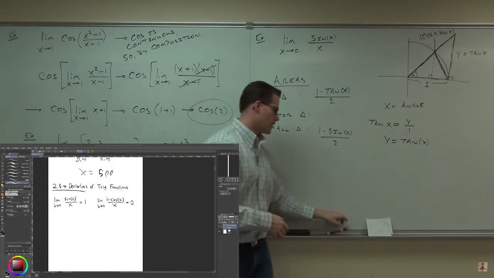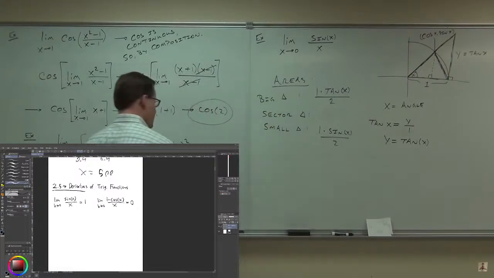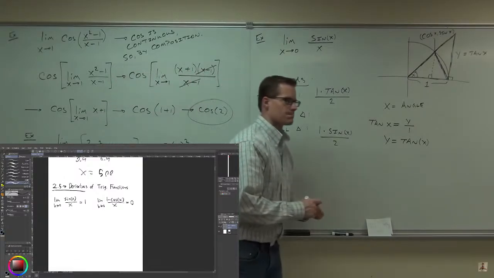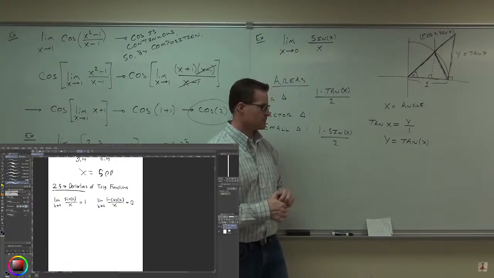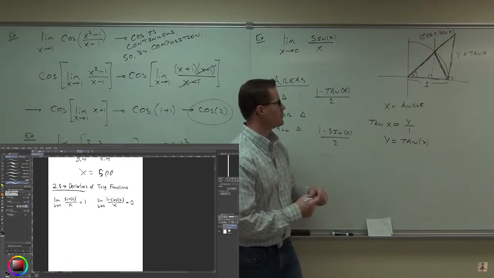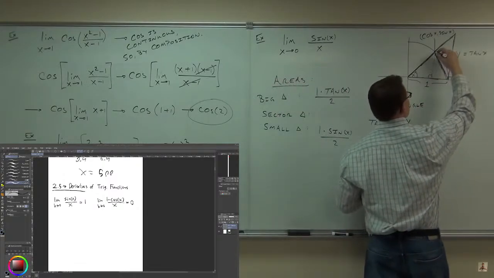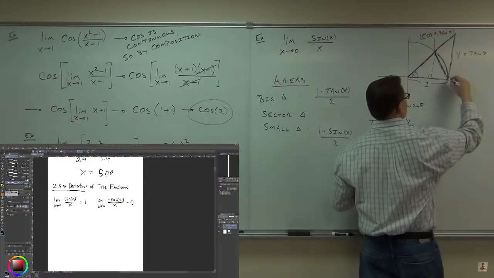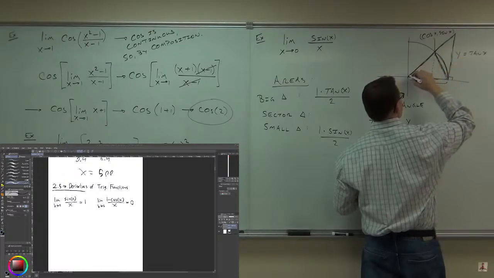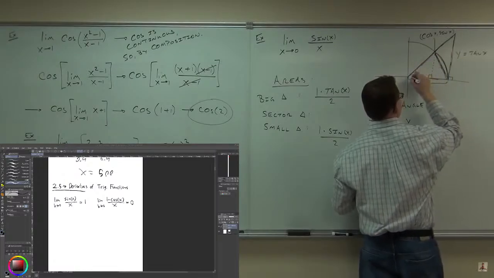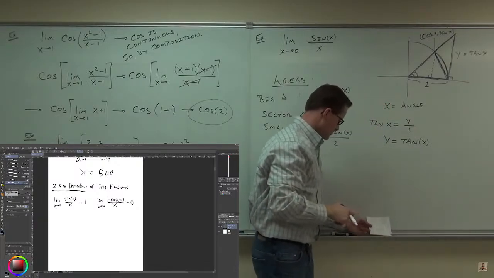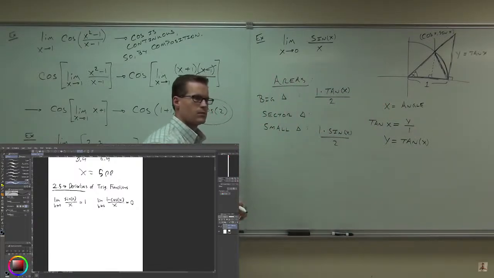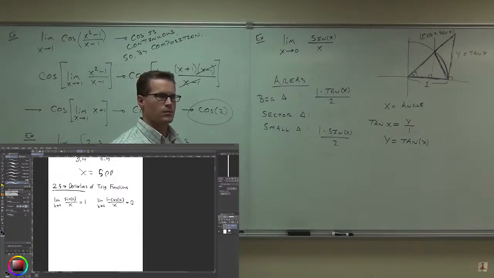Do you know how to find the area of the sector? Area of a sector. Which one of these are we talking about? This is the sector. Pie slice. Area of the big triangle subtract the area of the small triangle?